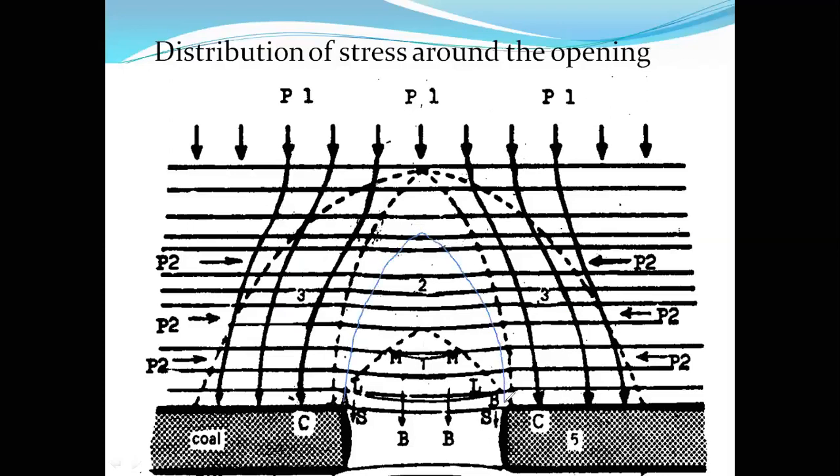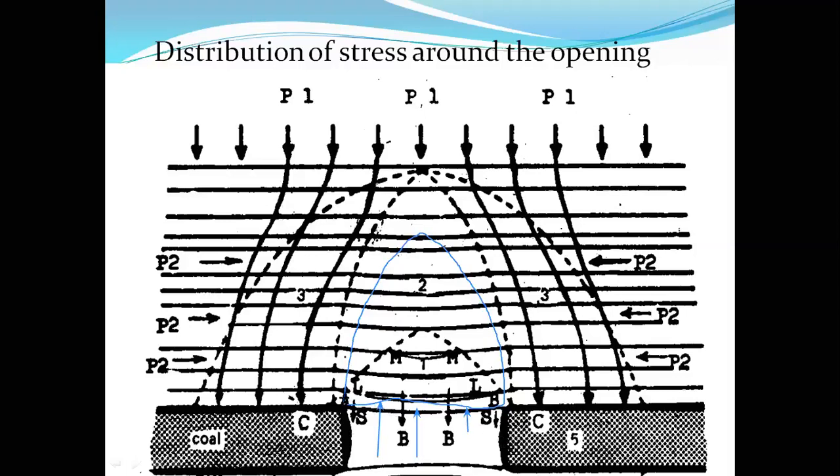This portion. So this portion of load is still acting on this opening. If I don't provide any kind of support like this, what happens? It will try to close this opening.